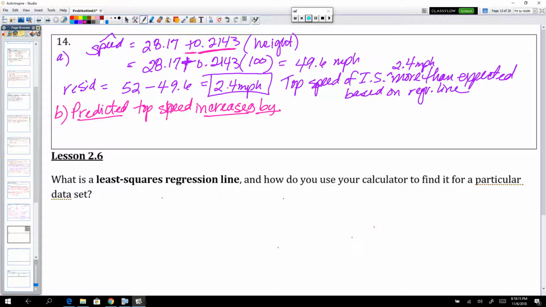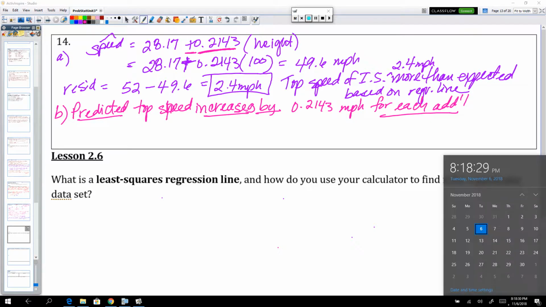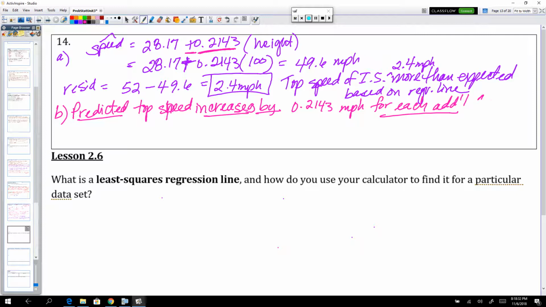So the predicted top speed increases by 0.2143 miles per hour for each additional 1 foot of max height.